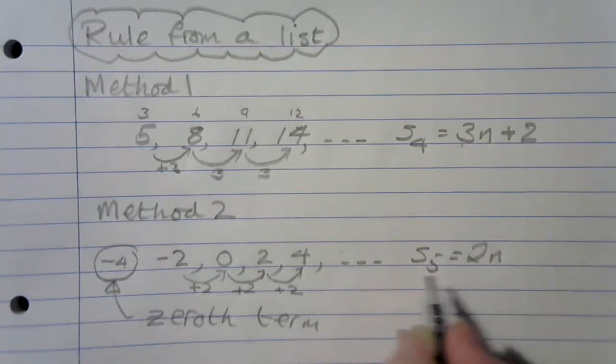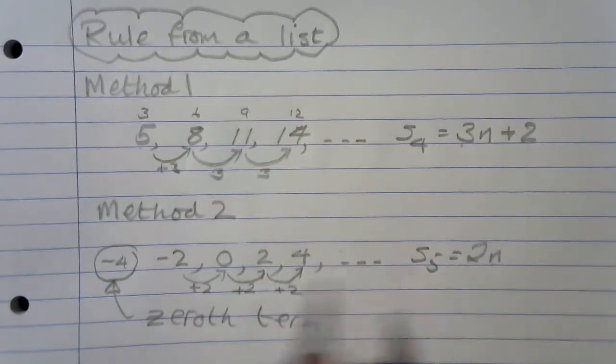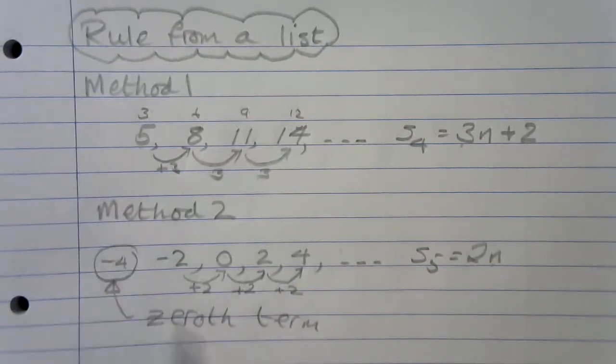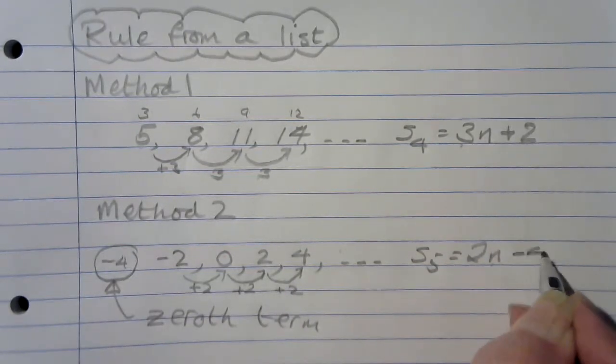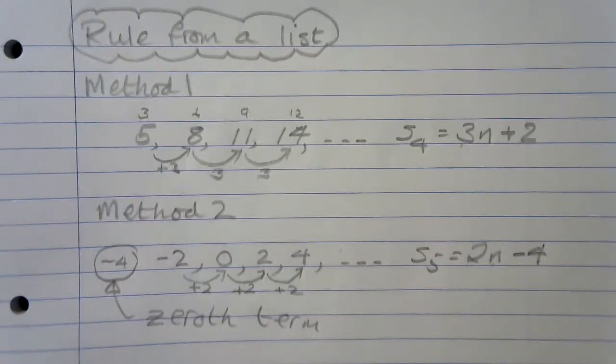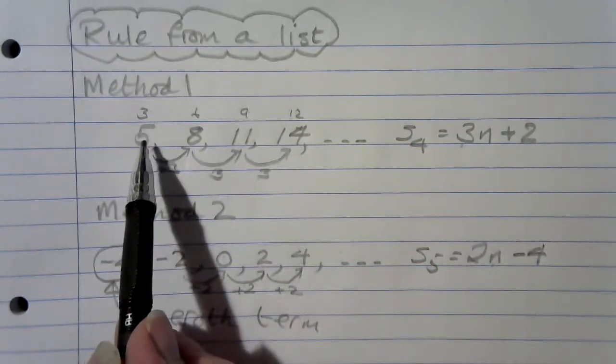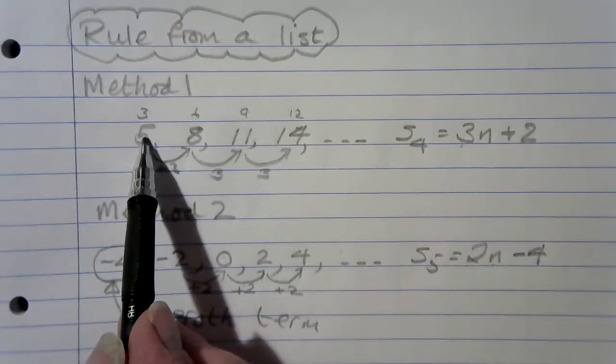And my sequence then is 2n, I get that from the step, minus 4. Now, both methods work. Let's just check on this sequence what happens if we look at the 0th term.